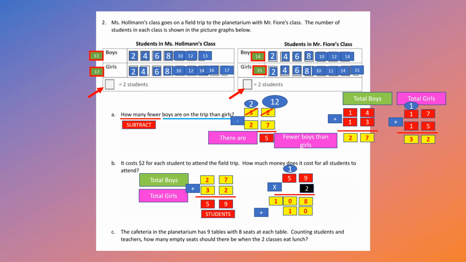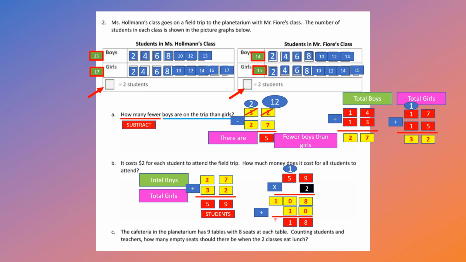Finally, letter C says, the cafeteria in the planetarium has 9 tables with 8 seats at each table. Sounds like a get chart to me. So, 9 tables with 8 seats at each table. From my knowledge of get charts, I know that if I have my groups and my each, I need a total.